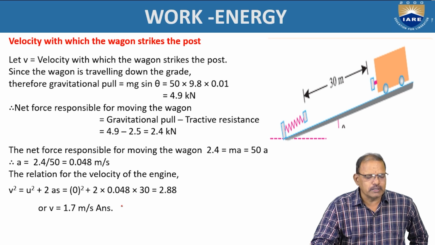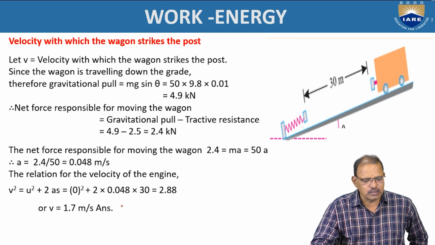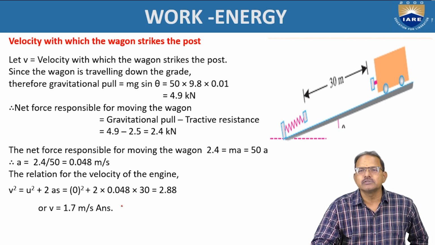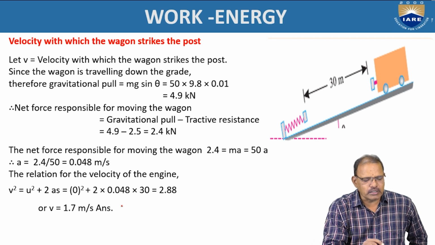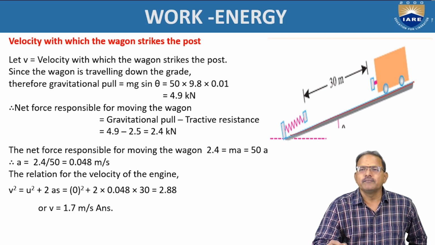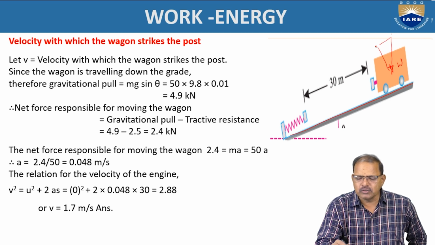Now first we determine the velocity with which the wagon strikes the post. Let small v represent the velocity with which the wagon strikes the post. Since it is traveling along the inclined plane, the weight is acting in the downward direction. It can be resolved into two components.